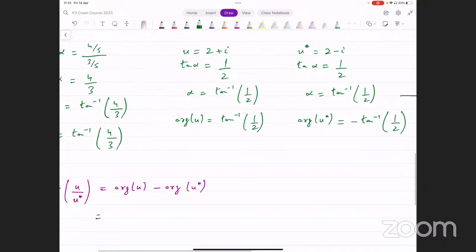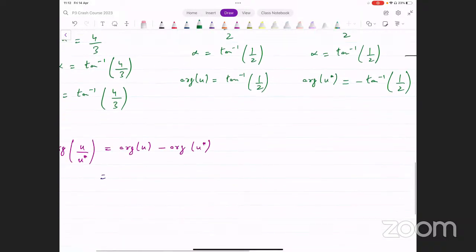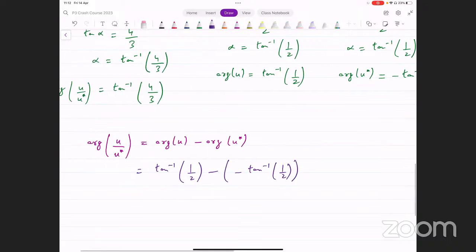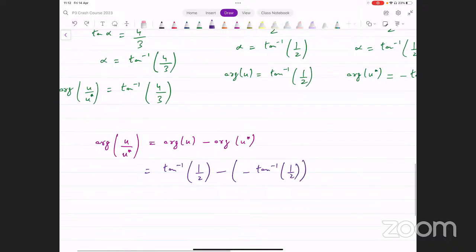Okay, so we have the argument of u and also the argument of u conjugate. We can just write them here. We can say the argument of u is tan inverse of 1 over 2. Subtract from that the argument of u conjugate, which is minus tan inverse of 1 over 2. On the other side, we have argument of u over u conjugate, which is tan inverse of 4 over 3.